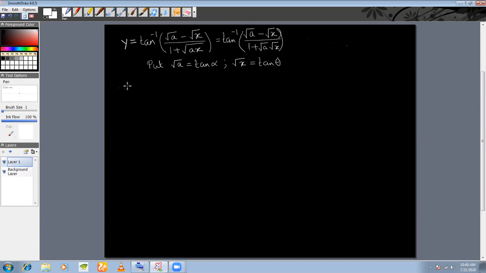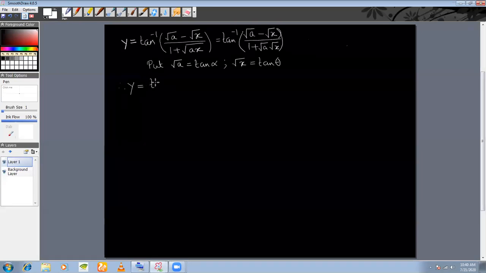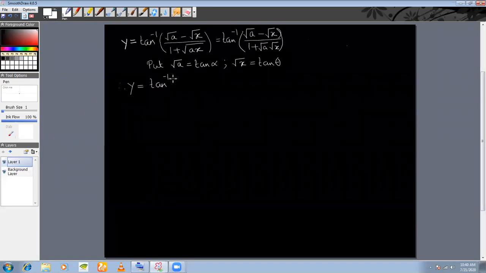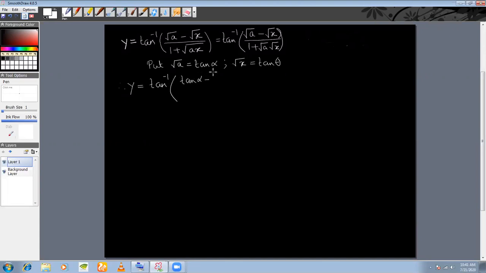So therefore, what does y become? y is equal to tan inverse of (tan alpha minus tan theta divided by 1 plus tan alpha into tan theta), which is tan inverse of tan (alpha minus theta), isn't it? Because this is the tan a minus b formula, which is equal to alpha minus theta only.